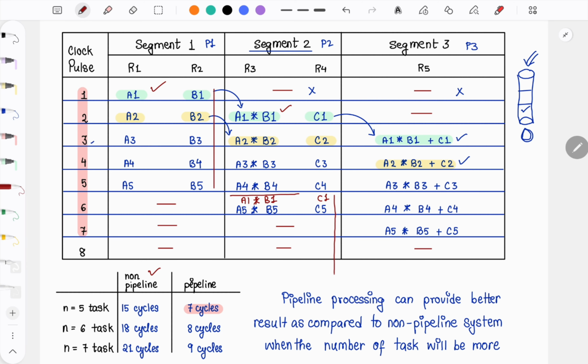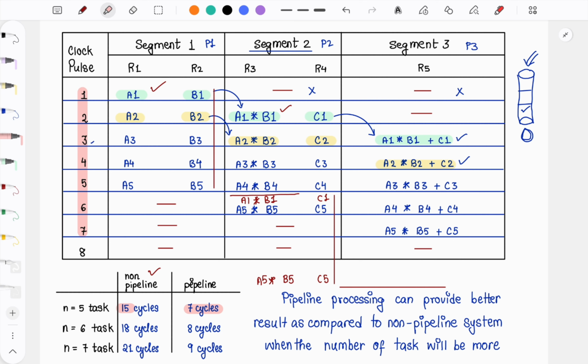Person 2 will perform all these tasks up to A5 into B5, and C5 will be loaded. Then afterwards segment 3 will start performing the task. So they individually take up 5 clock cycles, and since there are 3 segments, it will take 15 cycles. There is no merging, or as we can see, there is no parallel function going on.